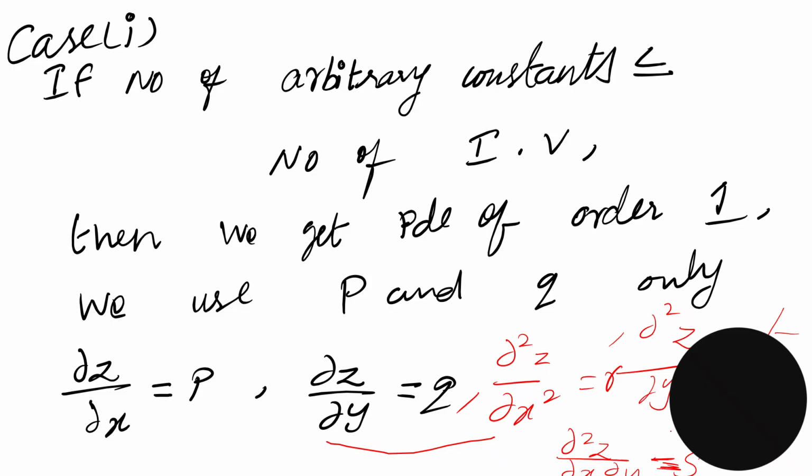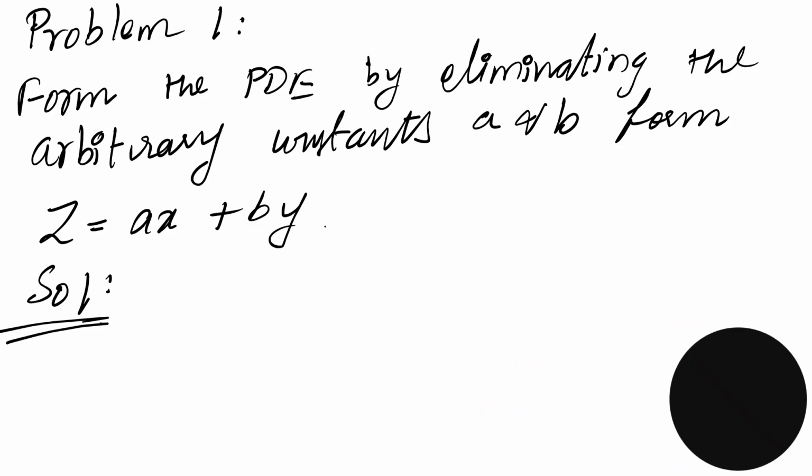So first we have to take a simple problem. Form the PDE by eliminating the arbitrary constants a and b from z equal to ax plus by. So you have to remove these a and b constants. So in the first case, what is given?